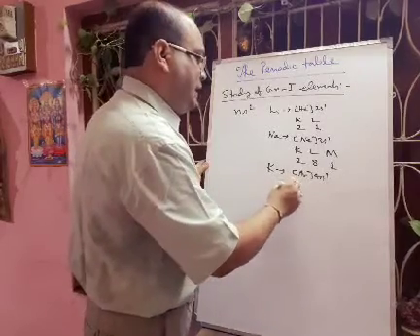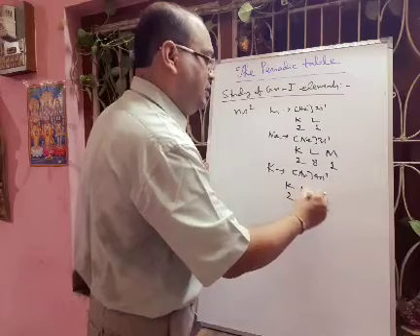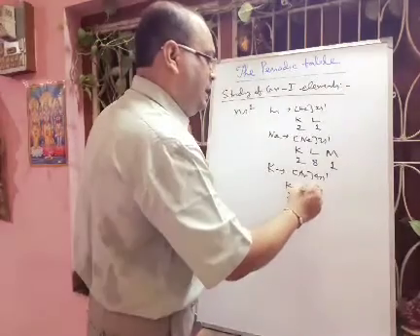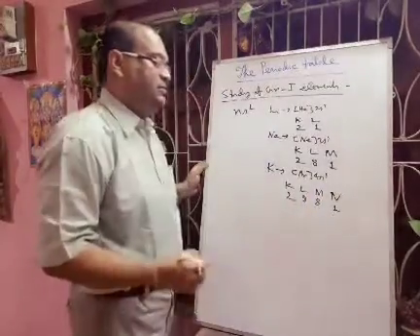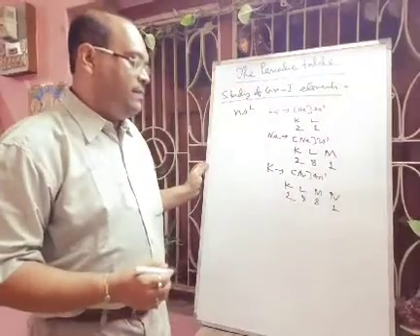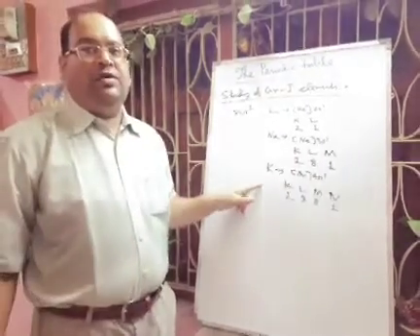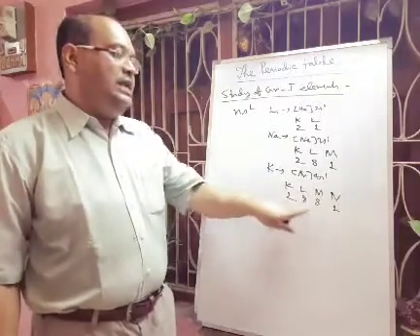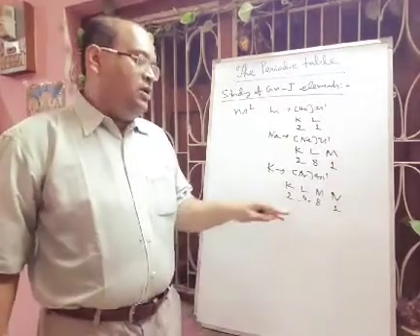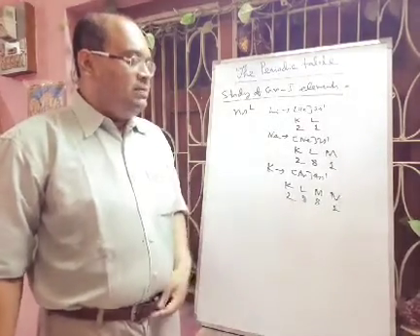So here the K shell has 2 electrons, L shell 8 electrons, M shell 8 electrons, then N shell 1 electron. So this is potassium. Potassium will be 2, 8, 8, 1. Hope you can understand what I am telling.